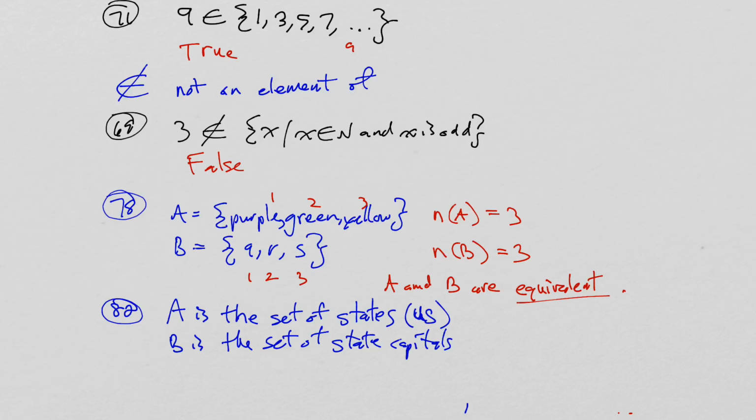So states and state capitals, they would not be exactly equal because they don't exactly match. Although some states do have capitals with the same name of the state, but those are going to be assumed to be all different. And we have, these are also equivalent.